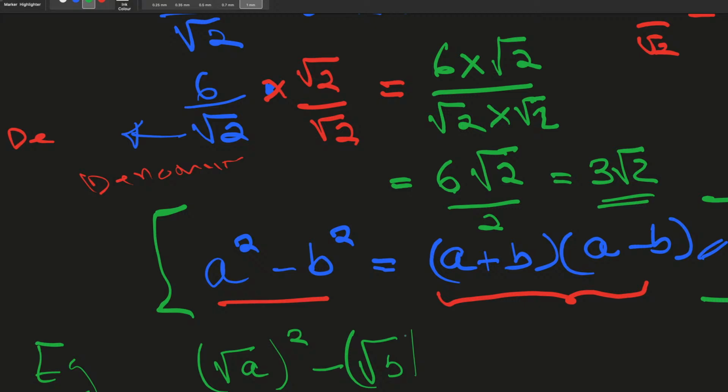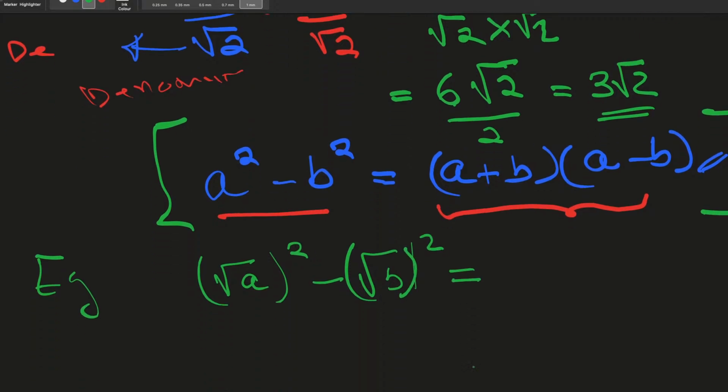When you see something like that, all you have to do is use the same equation we have over here. So our first one will be root a, and then we have plus root b, okay. Then this will be root a minus root b, okay.